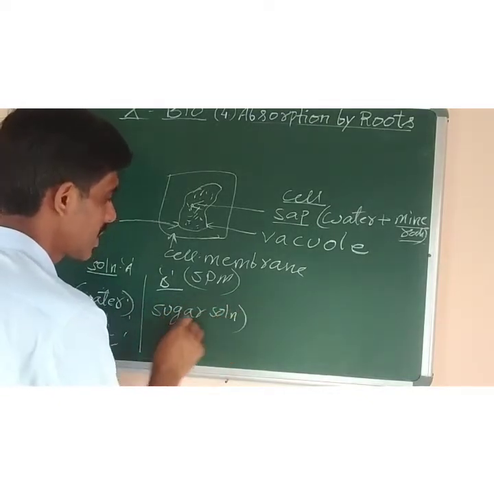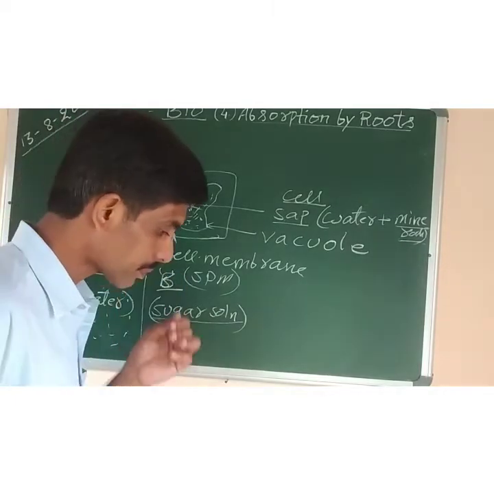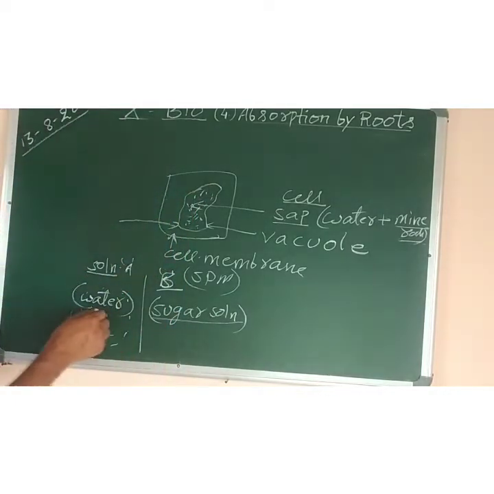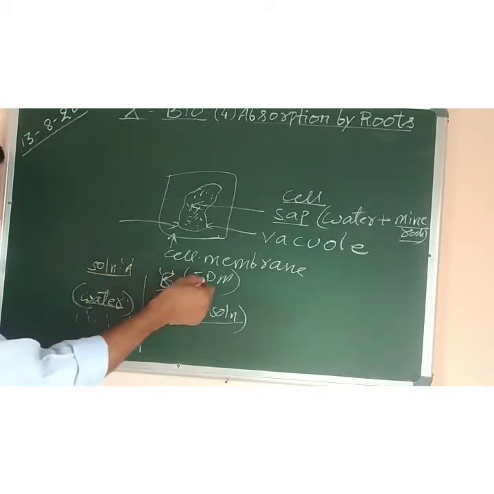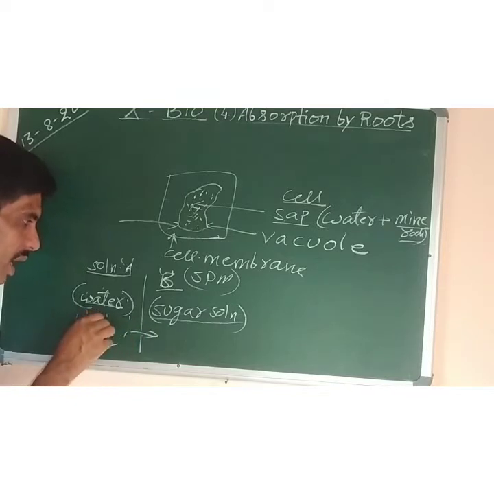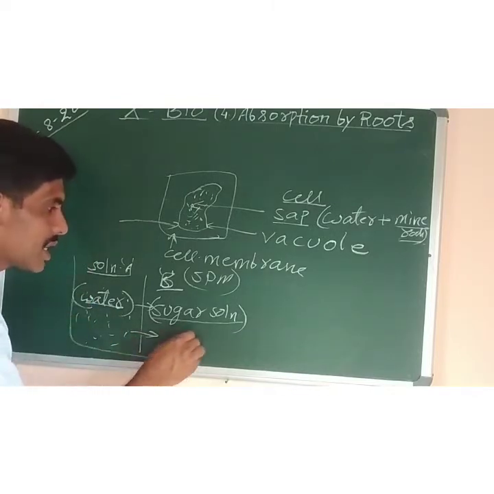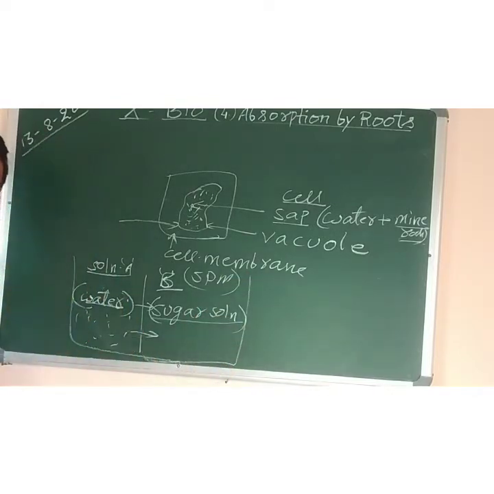Now you can see that water molecules are more in A, less in B side. So water molecules will move from A to B through the tiny pores which are present in the semi-permeable membrane until the concentration is equal on both sides.